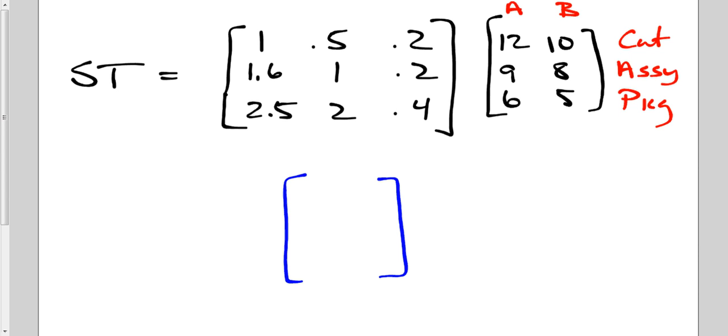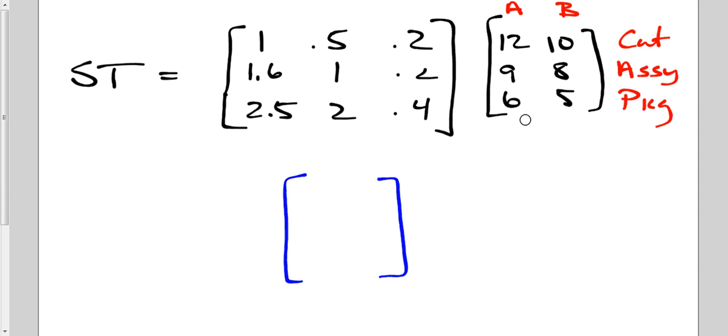Column A. 12 times 1 plus 9 times 0.5 plus 6 times 0.2. Just like we did on the first problem, right? 12 times 1 is 12. Plus this, and this is 4.5, so that's 16.5.